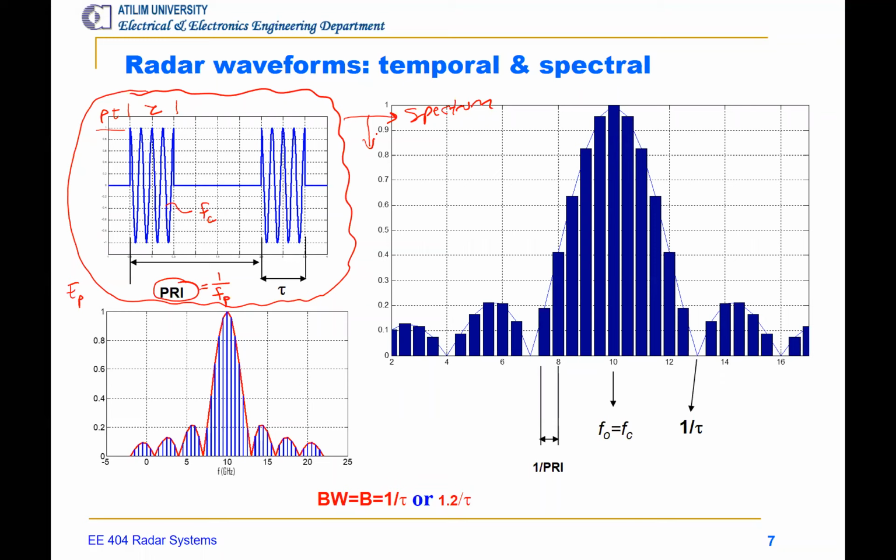We use Fourier transformation. So as long as we write this waveform, then we can take its Fourier transformation to get its frequency domain equivalent. When we do this, we got a waveform shown on the right-hand side.